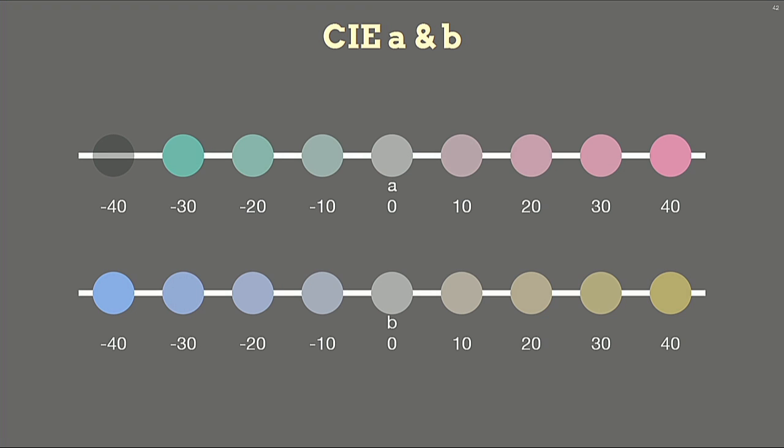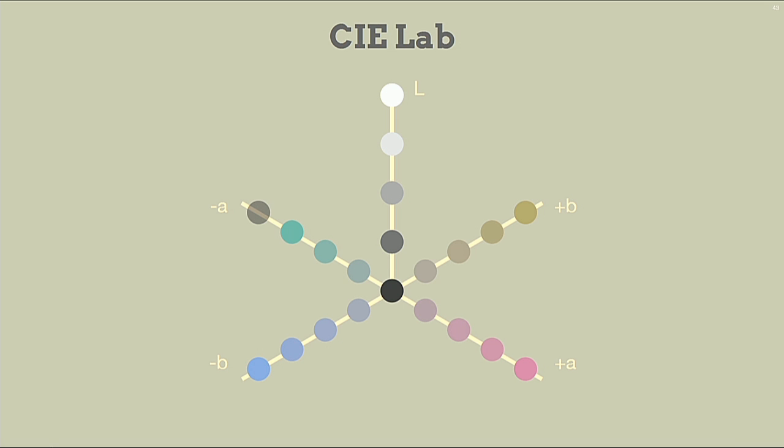Now we have A and B. So we did these opponent matching experiments together, and we find that this color here, if you stare at it for a while, you'll see that color. And this one, if you stare at it long enough, you'll get that color, and so on. So these are the two axes for colorfulness. Put that together, and you have a nice three-dimensional color space with lightness going up there, and A and B.